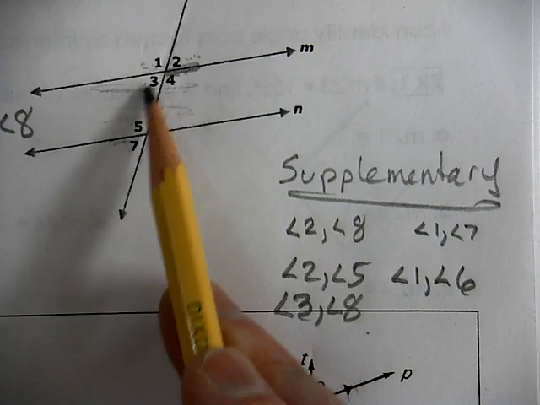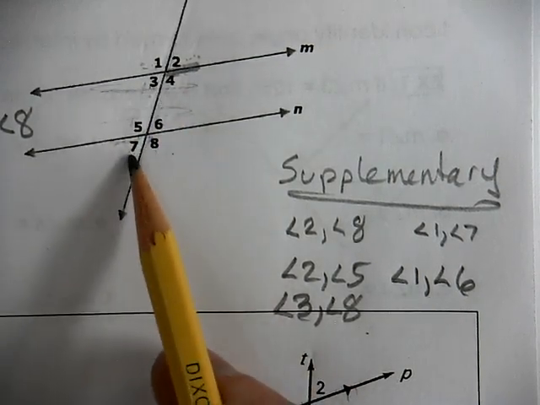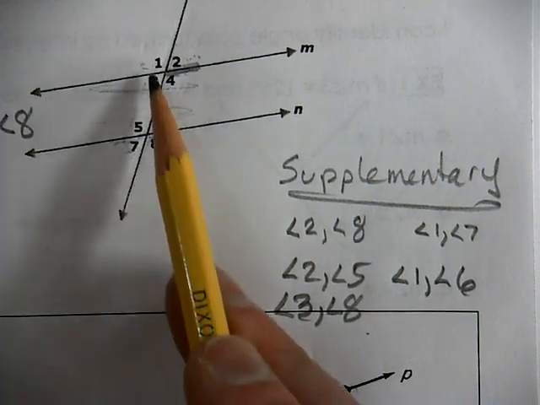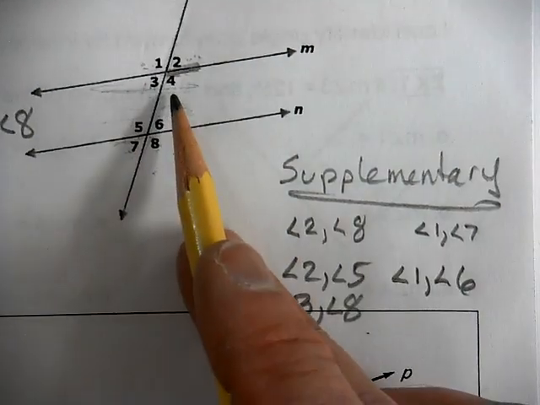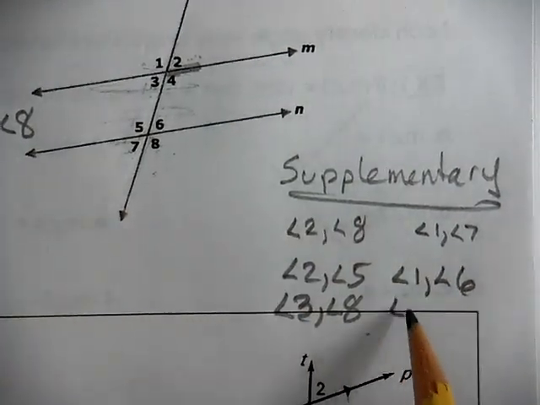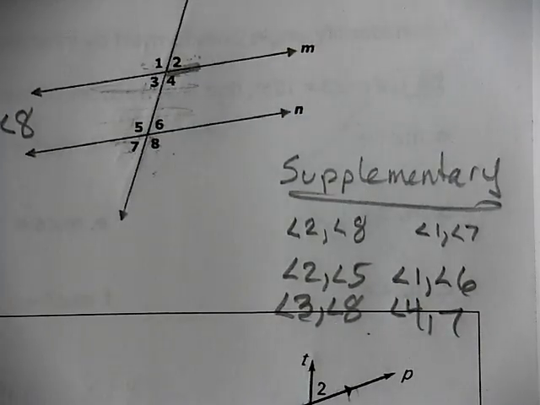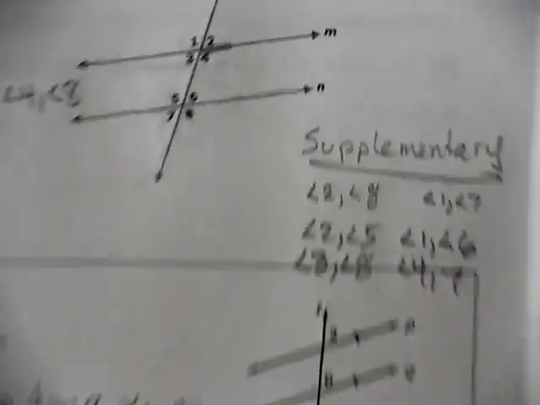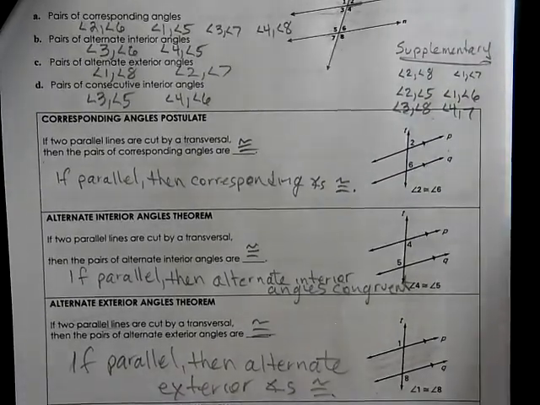We know that 3 and 7 are the same. We know that 7 and 8 are supplementary, so that 3 and 8 are supplementary. We would also know that 4 and 7 would be supplementary. All right, that's a lot of stuff. A lot of names, a lot of angles. Good job.